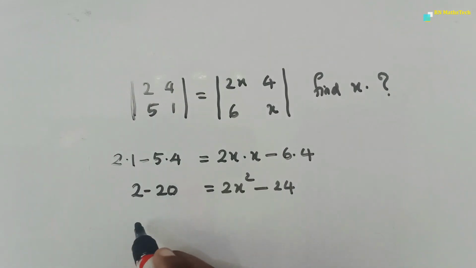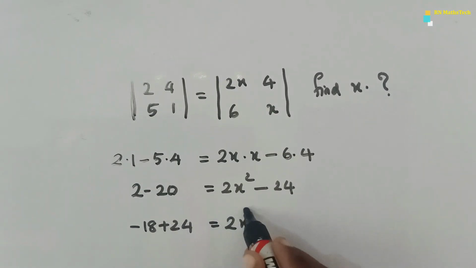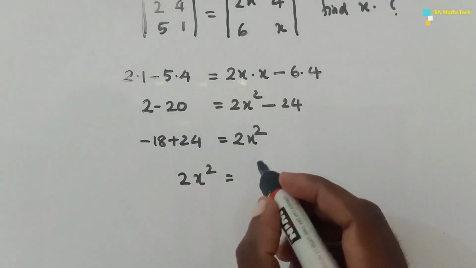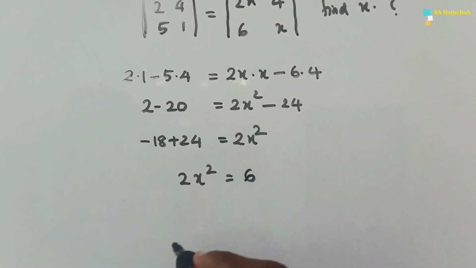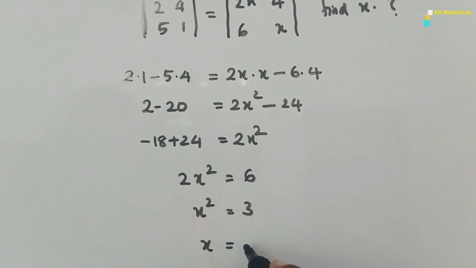Now 2 minus 20 is minus 18 plus 24 is equal to 2x square, or 2x square is equal to 6, or x square is equal to 3, x is equal to plus or minus root 3.